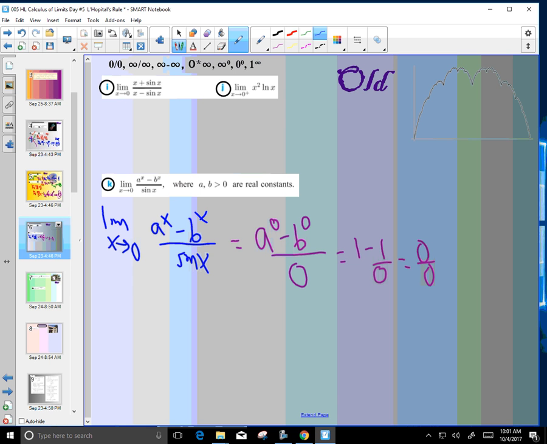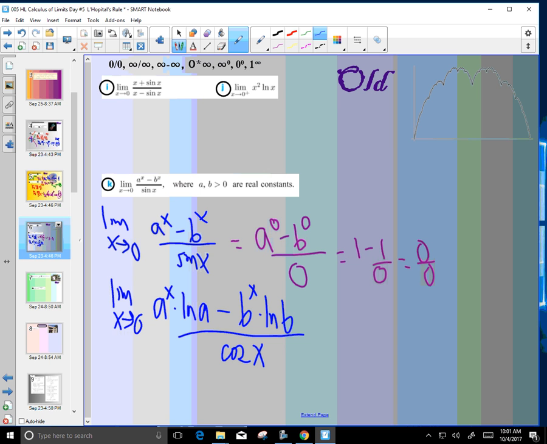So then the limit as x approaches 0, the derivative of a to the x, you're not going to like this, but it's a to the x times the natural log of a minus b to the x times the natural log of b, over cosine of x. We're going to get to this in a couple days.